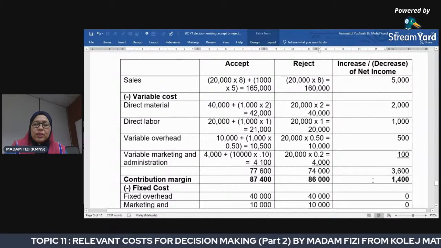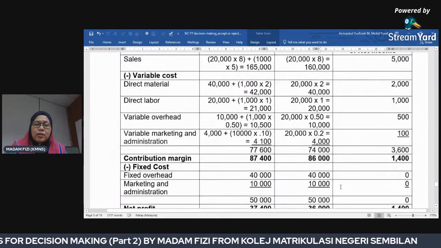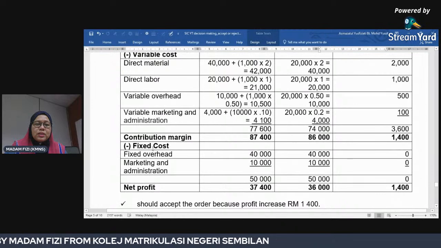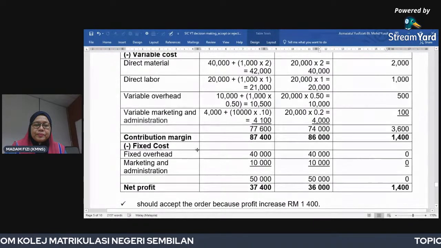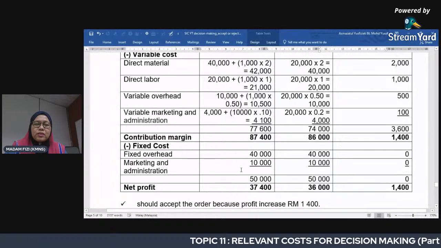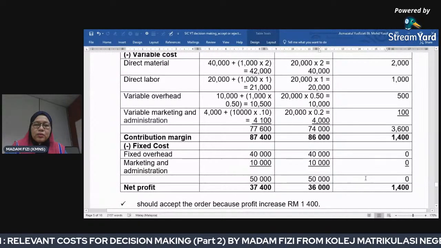The difference is 1,400. In this calculation, I also show you the fixed cost. The fixed cost is unavoidable cost. So the fixed cost is 40,000. The marketing and administration is 10,000. So the total fixed cost is 50,000 for accept and reject. So the difference is 0.